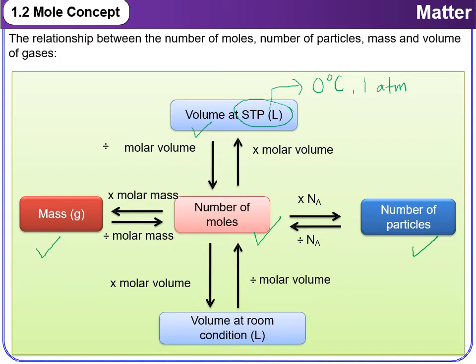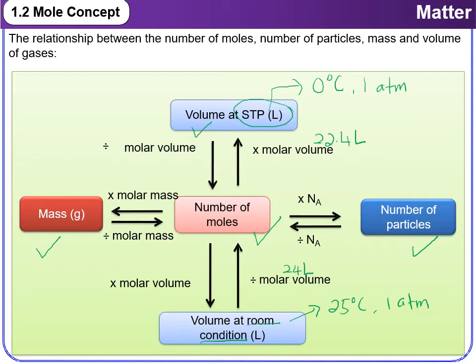The molar volume at STP is 22.4 liter. Another condition is room condition, which refers to 25 degrees Celsius and 1 atm. But the molar volume is slightly different from STP condition. Molar volume at room condition is 24 liter.